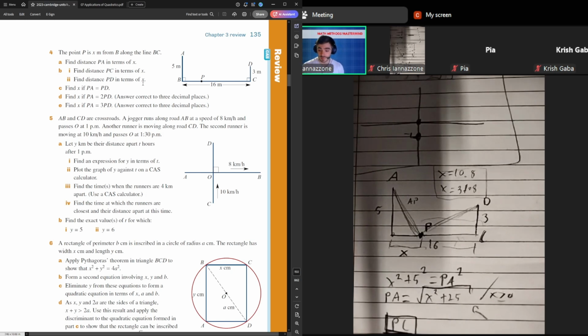Yeah, domain on X specifically. What is the domain of X? How big could it possibly be? Yeah, there you go. X is a part of 16. So if you were to give a domain on X, what would it be based on what we just discussed?